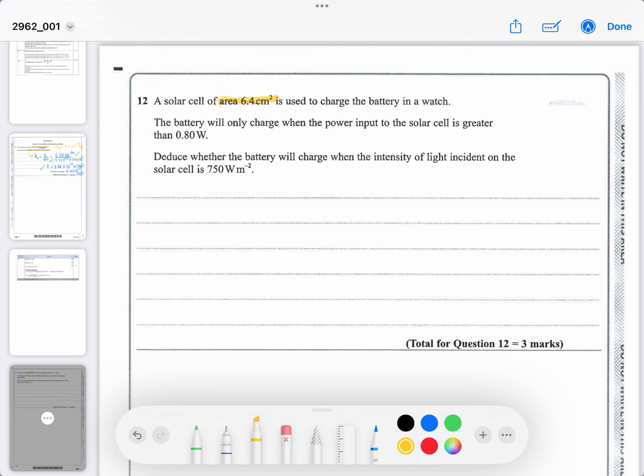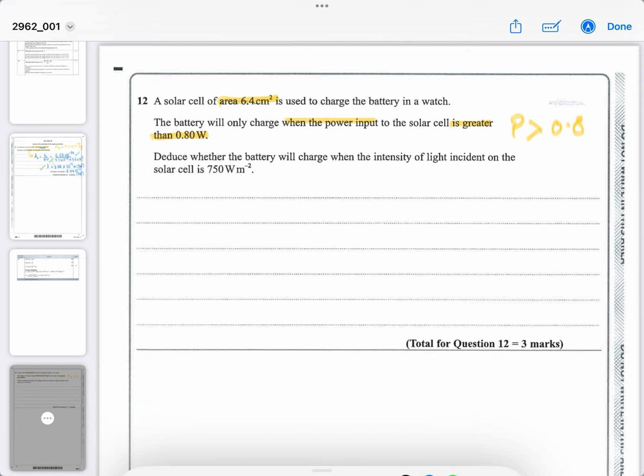The battery will only charge, it says, when the power input to the solar cell is greater than 0.8 watts. Okay, it will charge then. So we've got to work out if the power that we get is greater than 0.8 watts. That's what they want us to do.